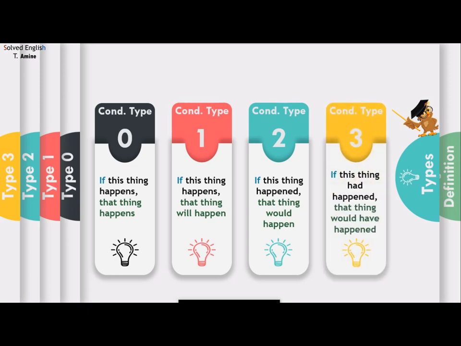In conditional type 3, the sentence will become, if this thing had happened, that thing would have happened. All right, now I want you to pay attention to all of these sentences and try to see what is common between them, something that is repeated.